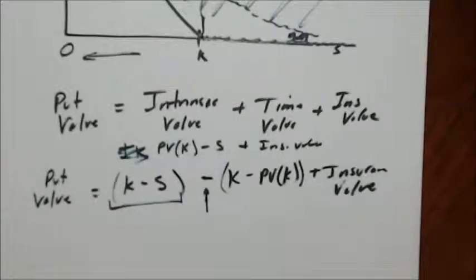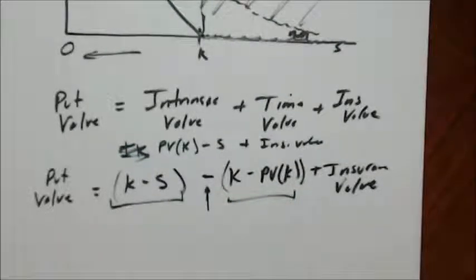A put gives you the ability to delay sale. That's negative, because it's a delay of cash proceeds. By holding a put, you're delaying the sale because you're not exercising it, which is a detractor, because you're not getting your proceeds now, and you're losing the opportunity cost of money, which is right here. So that's a minus sign.